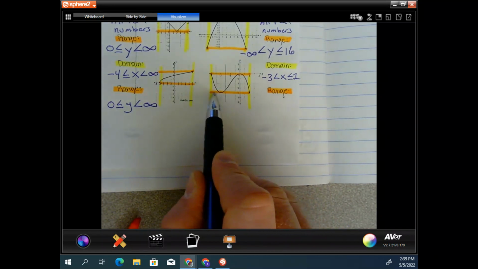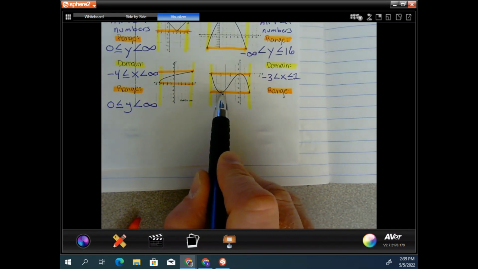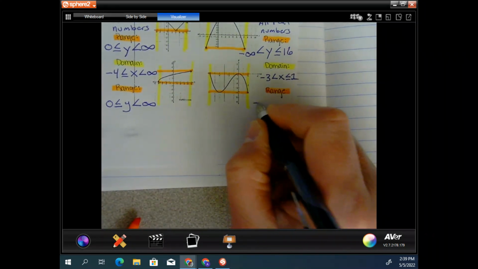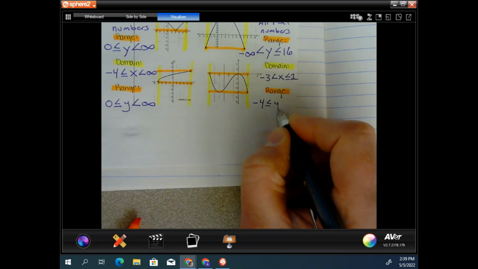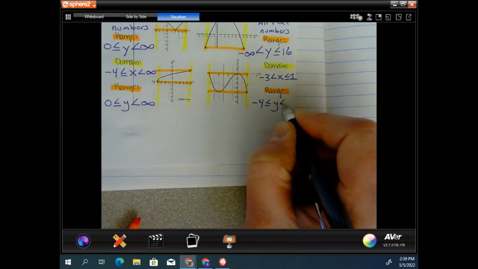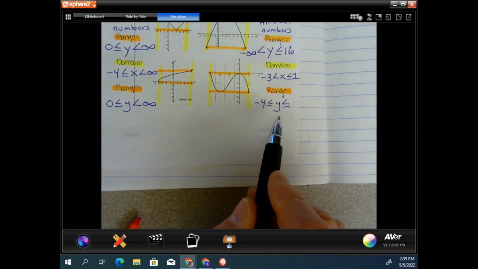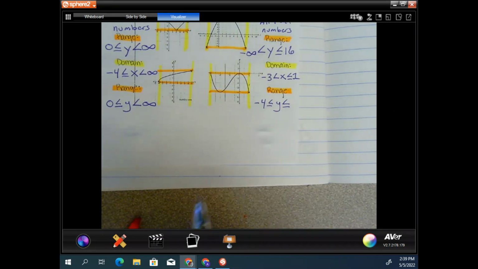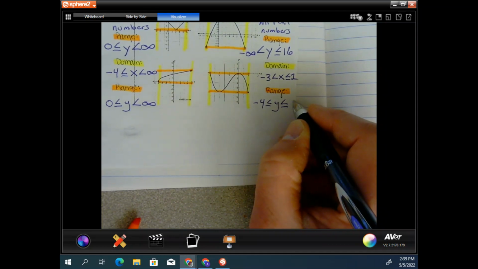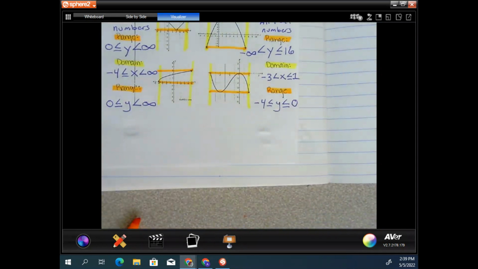So the bottom of my graph goes through -4. It is a closed circle. My variable I use is y. It is also equal to this because this point touches that line. And the top there is 0.